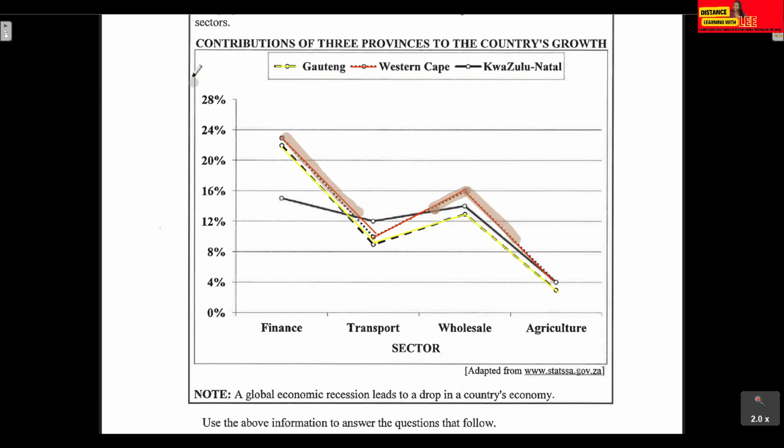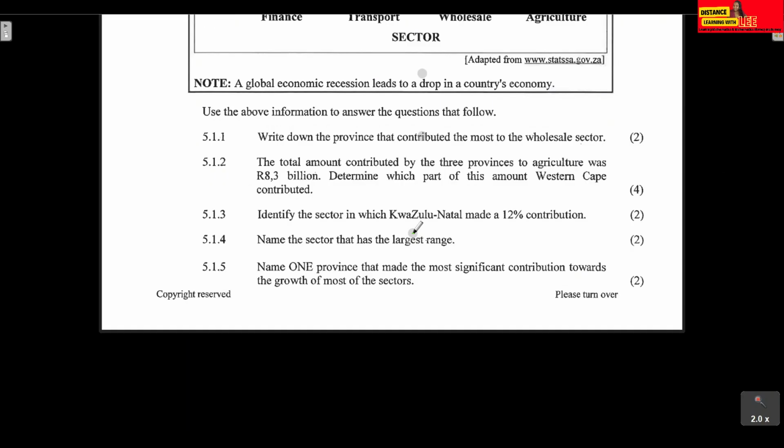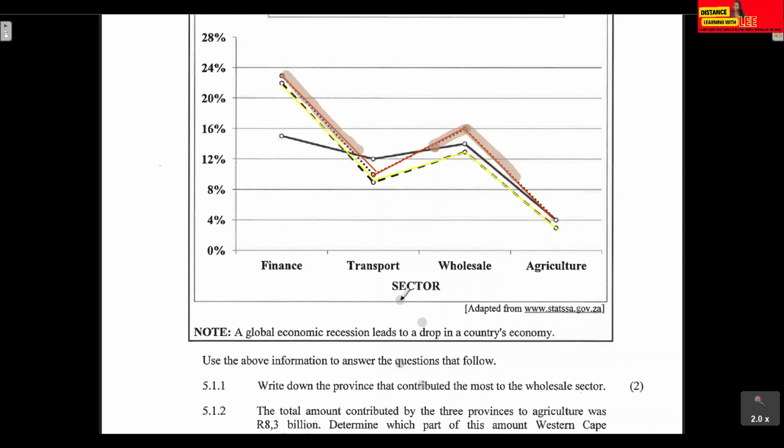So in most sectors, the Western Cape is the highest. As you can even see with the line graph, in most regions the Western Cape's line graph is at the top. So from that, we can conclude that the Western Cape made the most significant contributions towards the growth of most of the sectors.